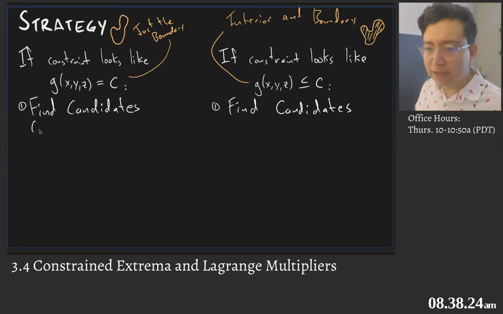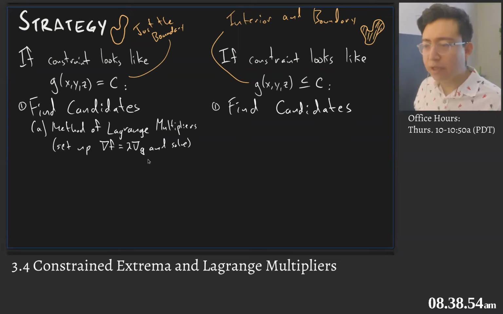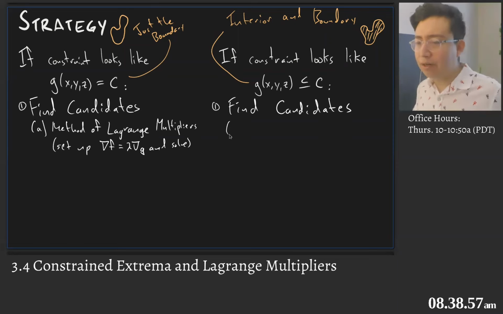In this case, you're going to just jump straight to the method of Lagrange multipliers. That means that you set up this equation and solve, which is easier said than done, right? We just saw that.